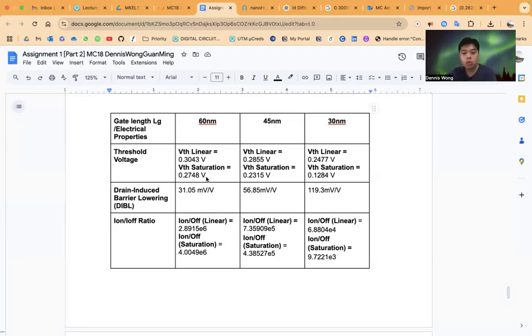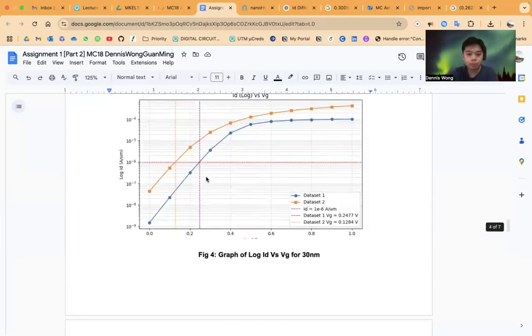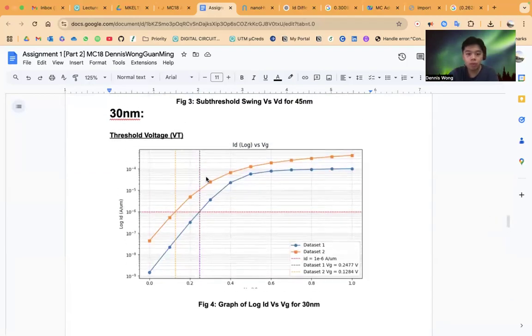And this is due to the fact that, if we look at the ID-VG graph previously, we take the threshold voltage when the current is this value, right? So if the curve is less steep, the phenomenon that we notice here is a shift to the left of the threshold voltage.